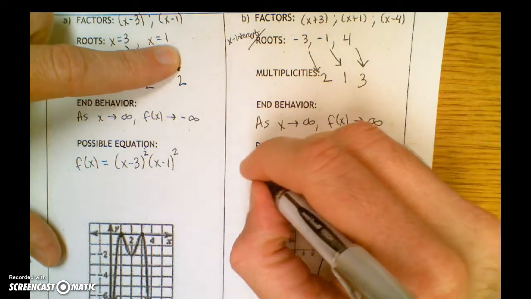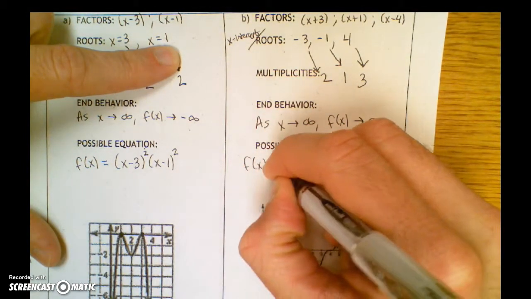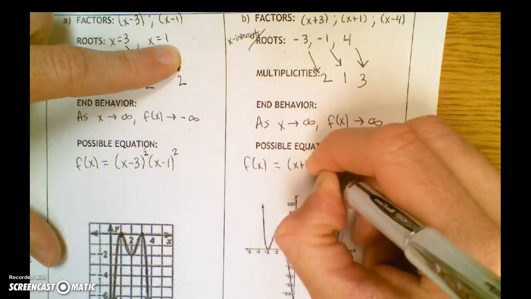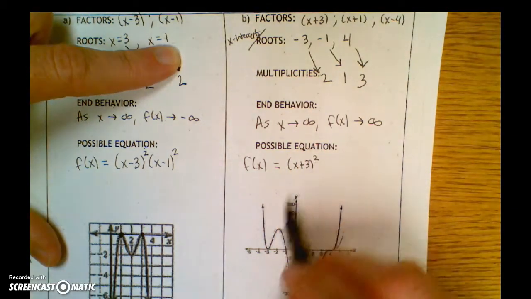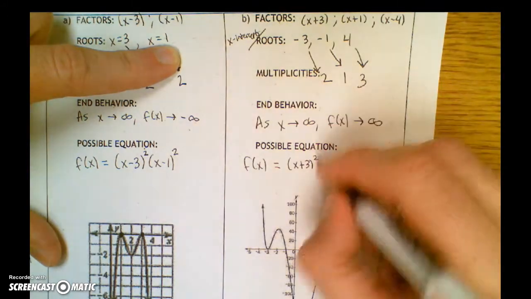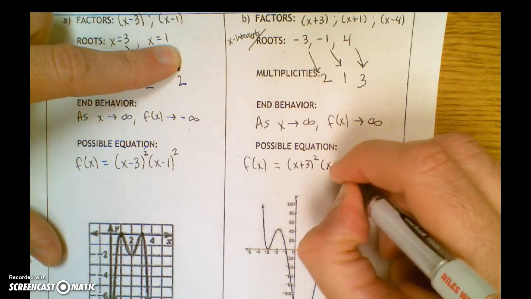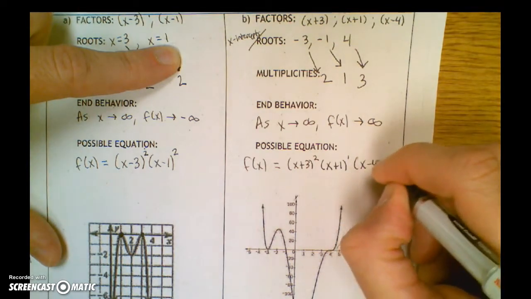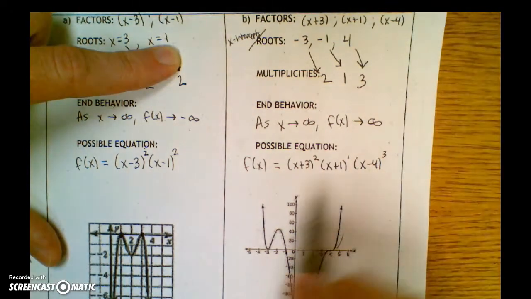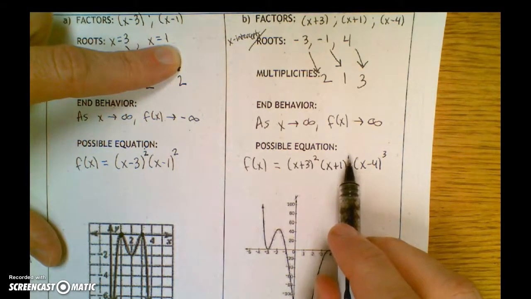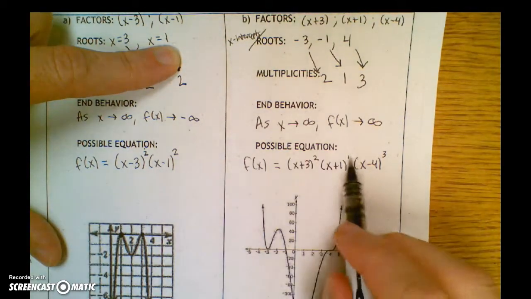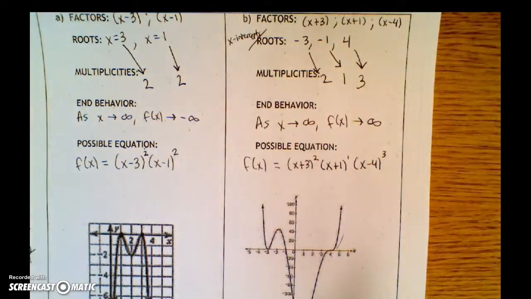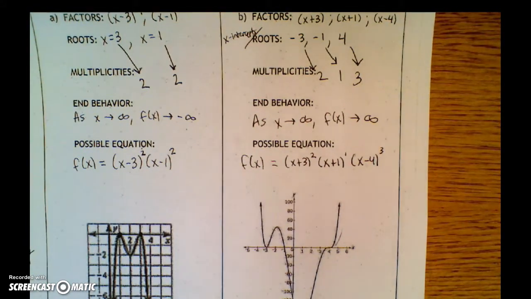So a possible equation would be f of x equals x plus 3 squared, because my multiplicity is telling me that's the exponent, times x plus 1 to the first times x minus 4 to the third. Sometimes you will not see the 1 written. Normally it's not written. So those are your examples for multiplicity, x-intercepts or roots, factors, end behavior, and possible equations.